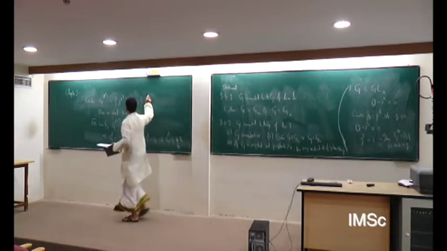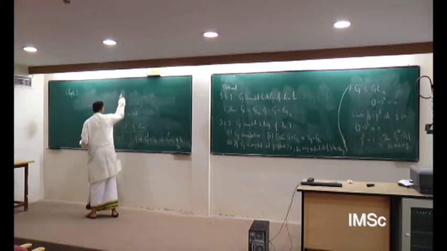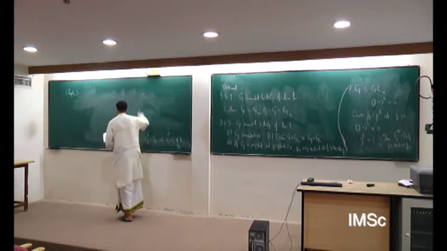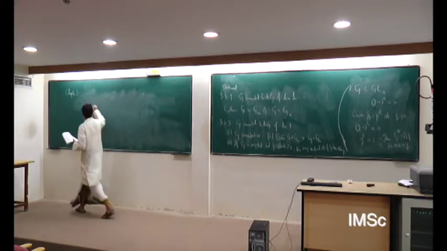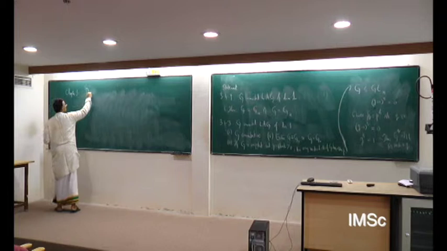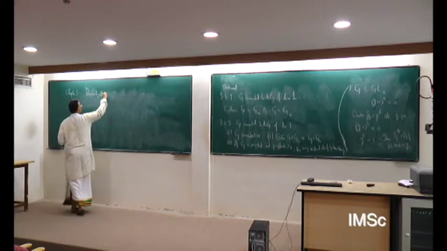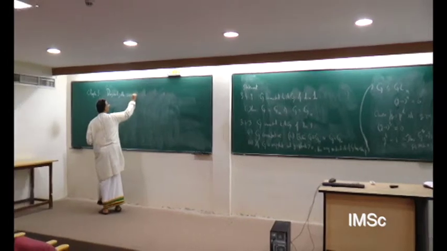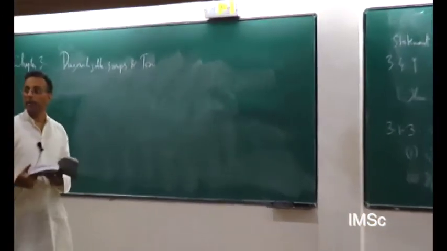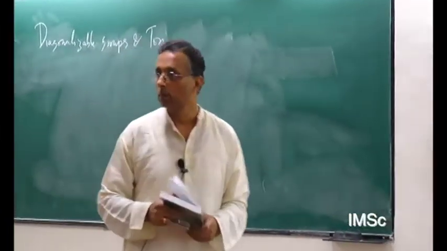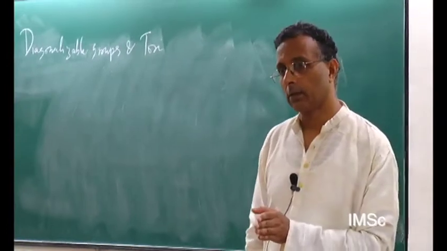So here we make some definitions. That is the title: diagonalizable groups and tori.